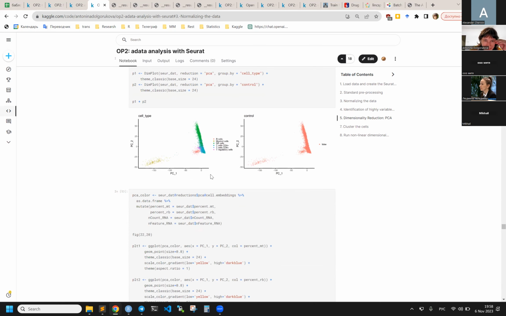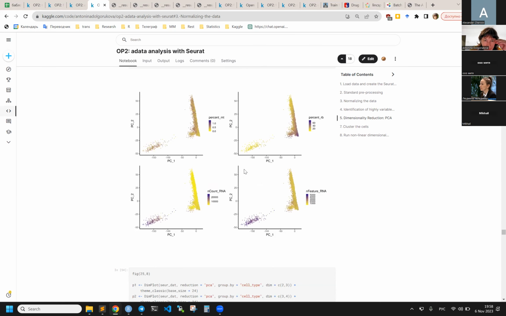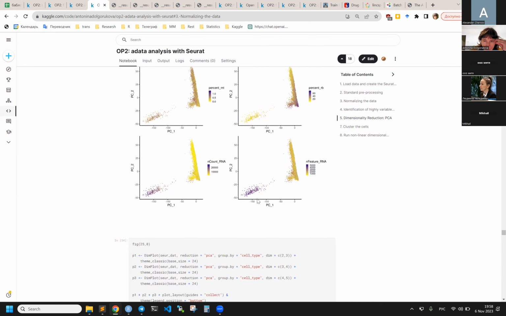And some other pictures, principal components colored by mitochondrial percentage and ribosomal percentage. Our cluster of myeloid cells is very different by number of features and number of counts again. So still, after removal of control, we see that myeloid cells are much different from all other cell types.